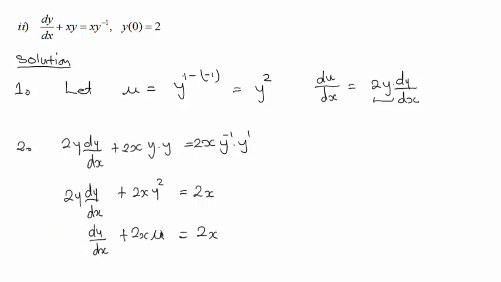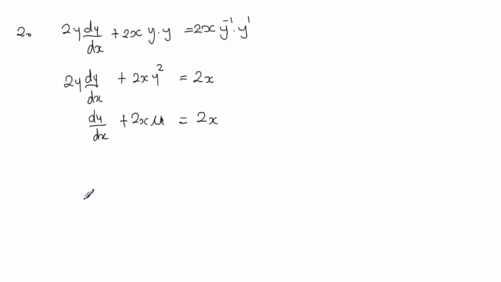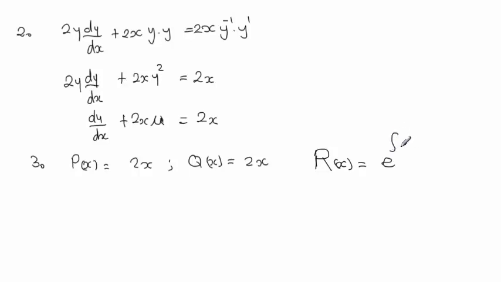So now what we're going to do is the following. We're now going to do our third step, which is to identify our p of x, in this case 2x, and then identify our q of x, which is again 2x, and then we'll need our r, our resolving factor, which usually comes from P. Then we've got R of x, which is e to the power of the integral of 2x dx.